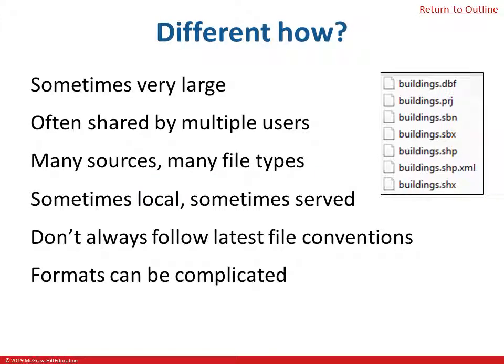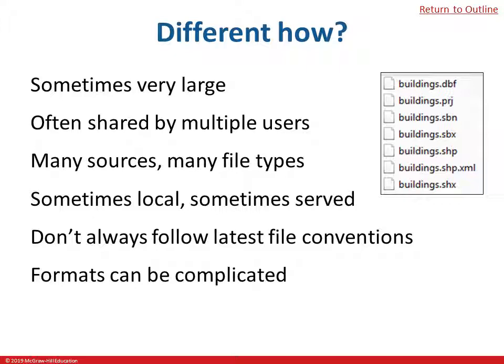So how are they different? Sometimes they're very large. Sometimes multiple people use them, many sources, many file types, sometimes local. Sometimes the data that you're working with, like our data on Citrix, is served. Sometimes you download data from other servers. A lot of times they don't follow the latest file conventions.